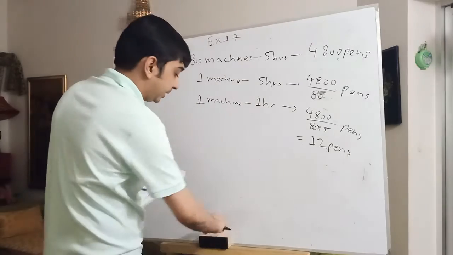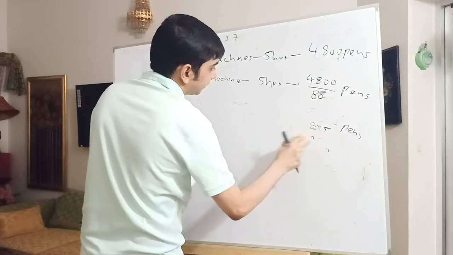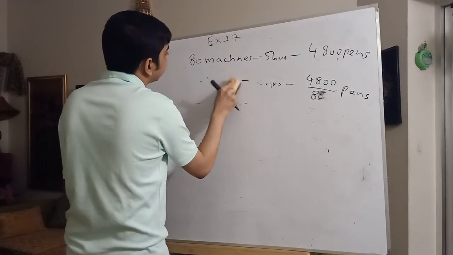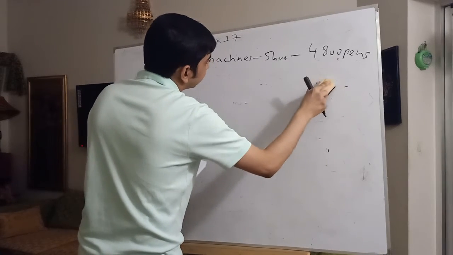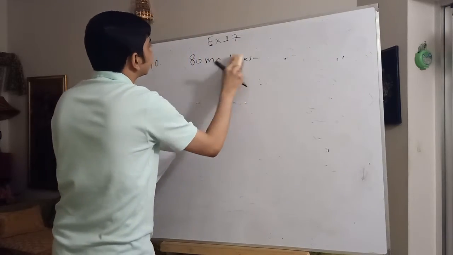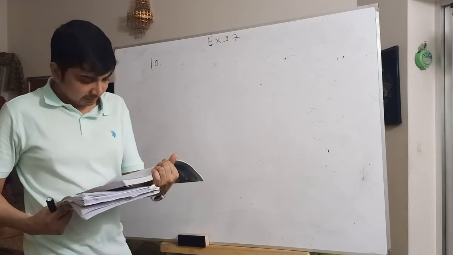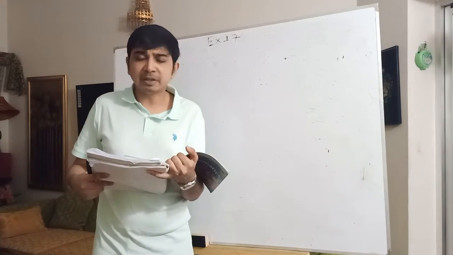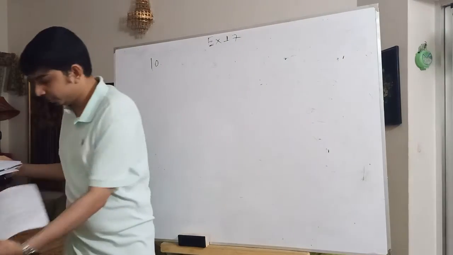Now we're going to solve part B. In part B, they are asking how many pens would 25 machines produce in 7 hours?